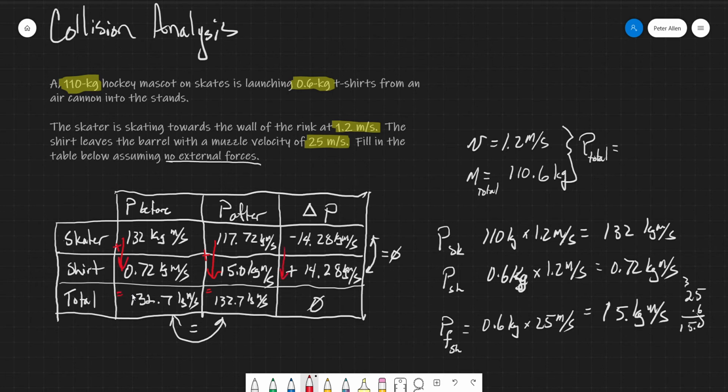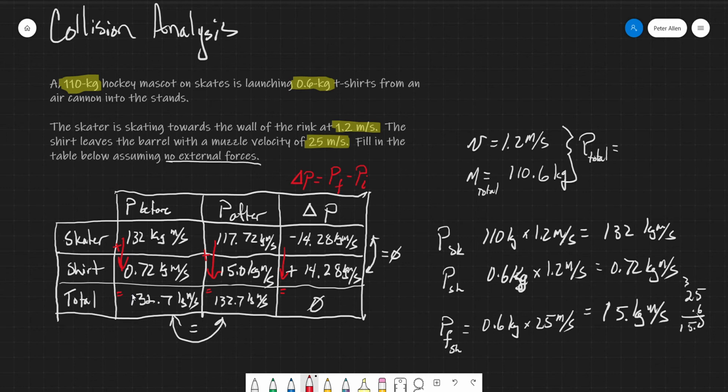Our delta P always equals P final minus P initial, so it's this one minus this one to give us our delta P. And so this column gives us our third column, and we're looking to fill these out, and then we finish the question.